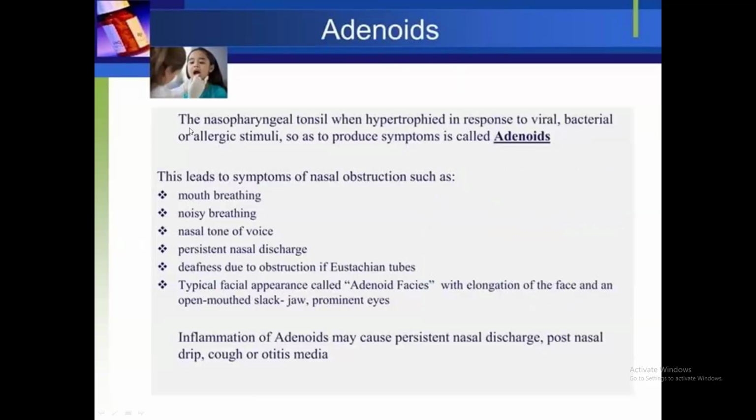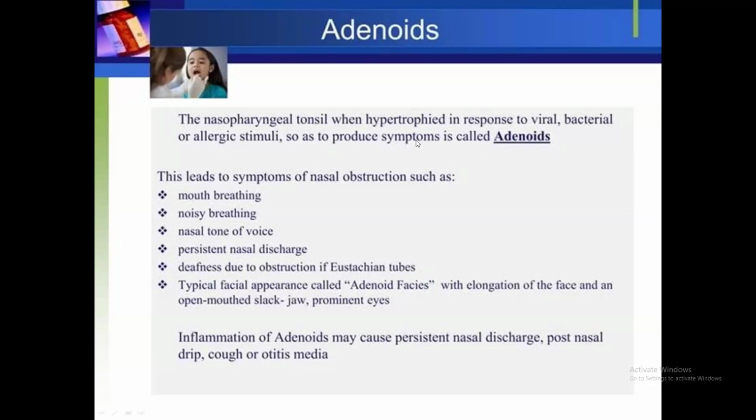Adenoids are the nasopharyngeal tonsils when they are hypertrophied in response to viral, bacterial, or allergic stimuli. These are the main causes of adenoids. I will again repeat: viral, bacterial, or any allergic stimuli.